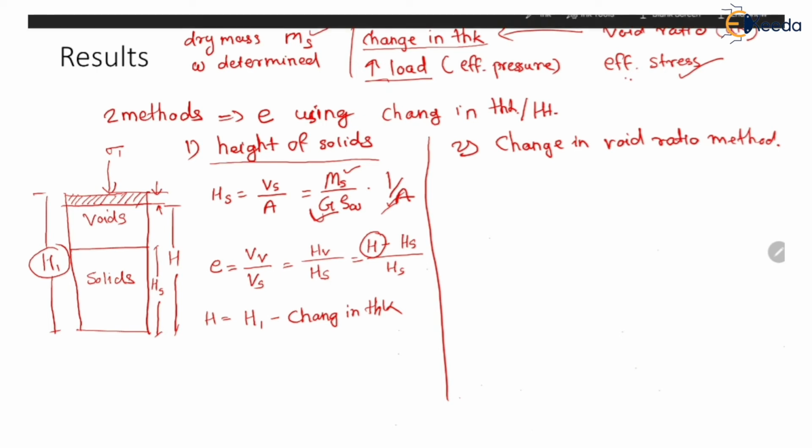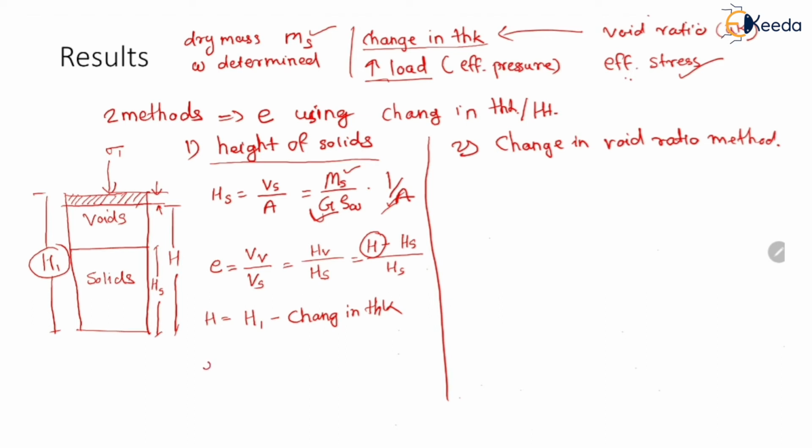So the formula for determining the void ratio for a particular load increment is e equal to H, that is the final height after consolidation at that load, minus height of solids, upon height of solids.